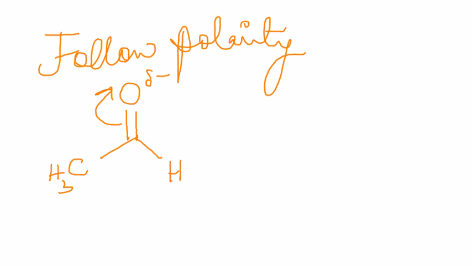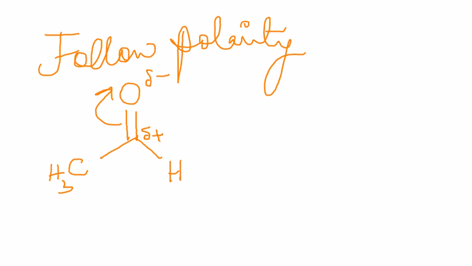So while writing mechanisms, and we are going to actually discuss carbonyl compounds in good detail, but just to give you a flavor, let's say you have an aldehyde. Now you know oxygen is electronegative, so we have negative charge over here because of the pull of the electrons towards oxygen. That renders this carbon slightly positive, so that is electropositive.